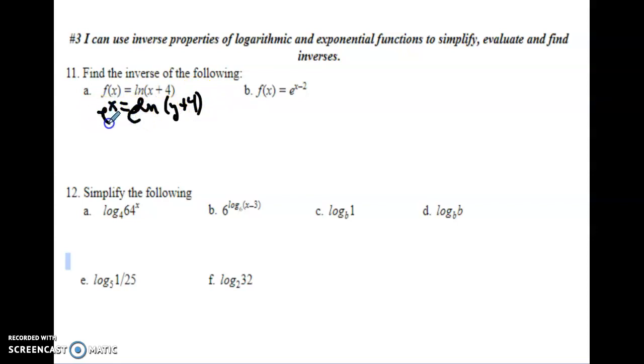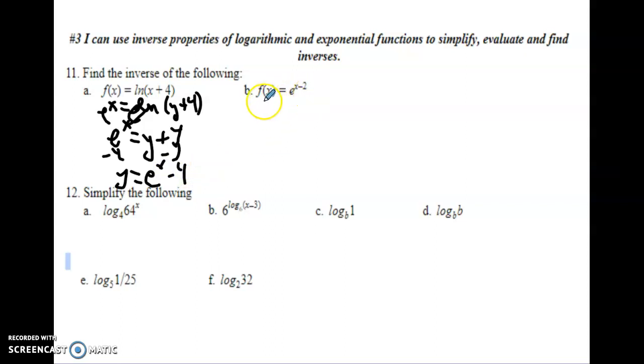I raise everything to the power of e. And then that cancels it out. So I end up with e to the x equals y plus 4. Now, when I minus a 4 from both sides, I end up with y equals, I'm going to put the y equals first because I like that, e to the x minus 4.